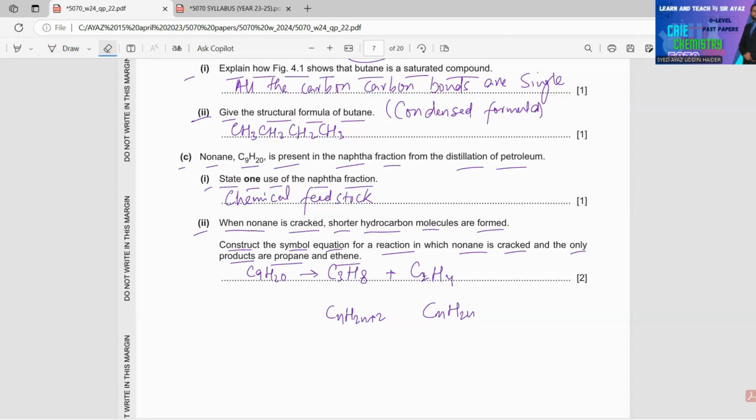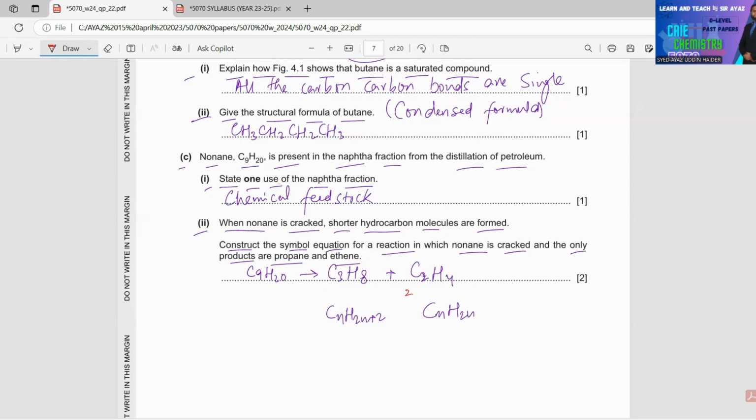What if I place 3 before propane? 3 threes are 9. This is also incorrect because then you can't have the other product in this case. So you can't write any number before propane. What about ethene? What if I place 2 before ethene? 2 times 4 is 8, no, 2 times 2 is 4, 4 plus 3 is 7. The carbon atoms become 7. Again, the carbon is not balanced.